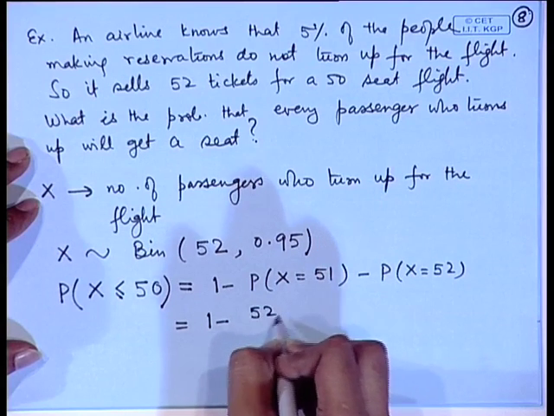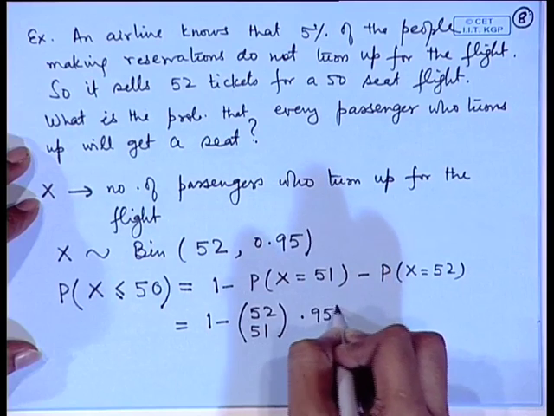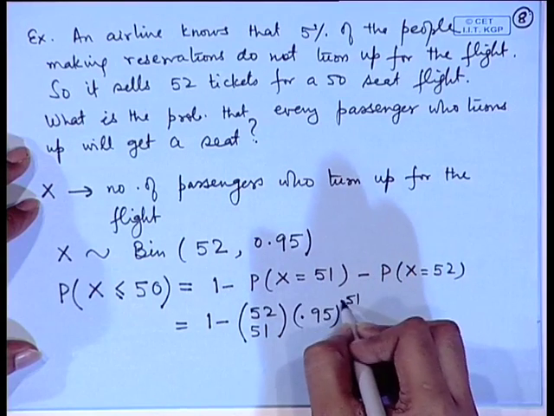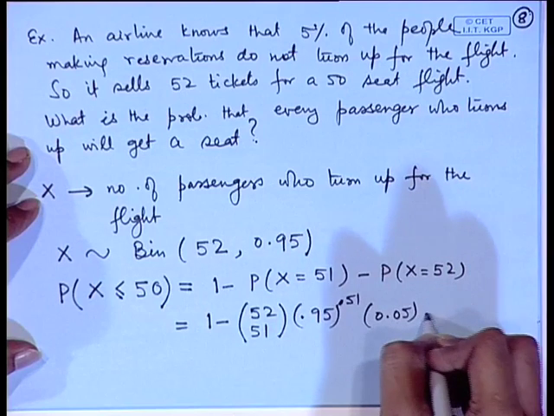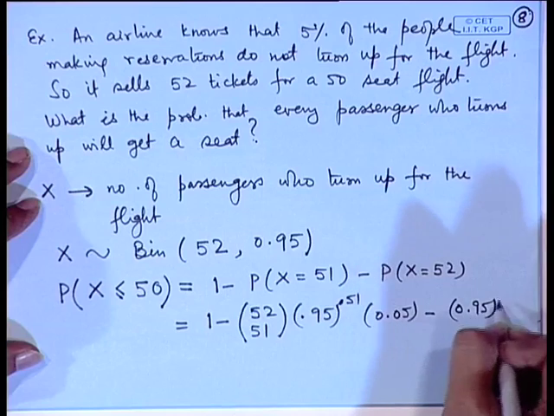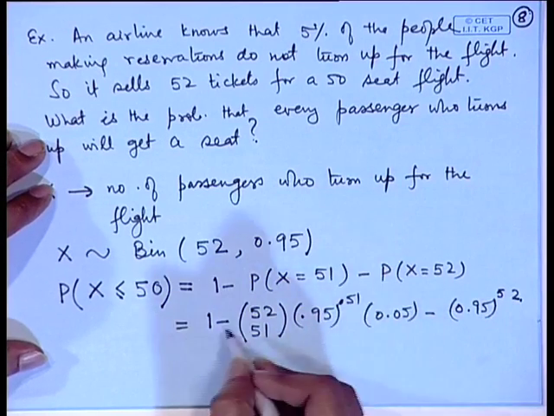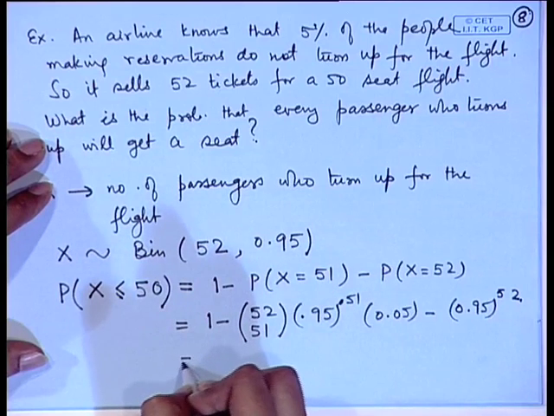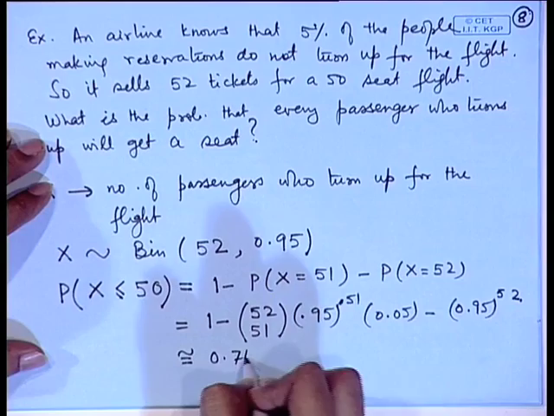This is 52 C 51, 0.95 to the power 51, 0.05, minus; the last term will become simply 0.95 to the power 52. These values can be easily evaluated and this probability turns out to be approximately 0.74.